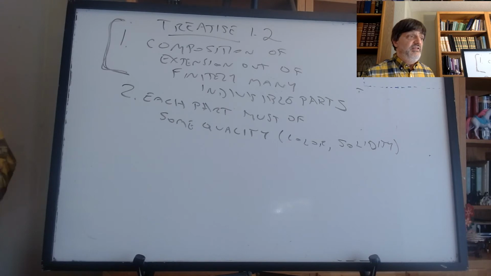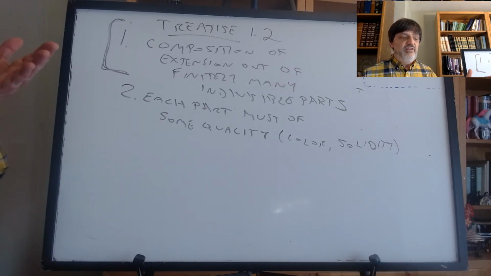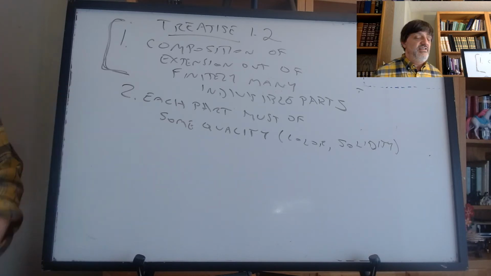So this means there can't be a part of extension that lacks a quality. And therefore, there can't be an entire extension that lacks quality, right? I mean, it might not have a uniform quality, but every extension is composed of parts that have these qualities.